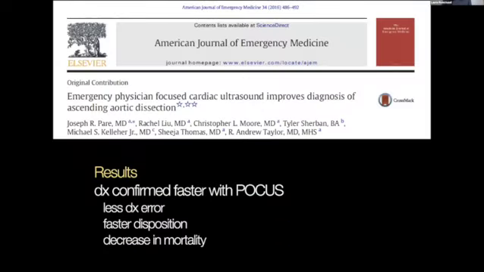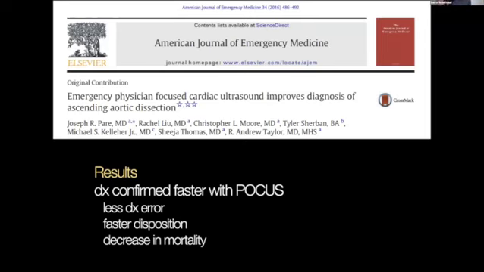Is there some literature that can help us actually use POCUS? Actually, more and more. So the most recent studies I'm going to present to you that are related to the emergency department are actually encouraging. This is a very small retrospective study with 31 patients where they realized that the use of POCUS for aortic dissection was leading to a way faster diagnosis.